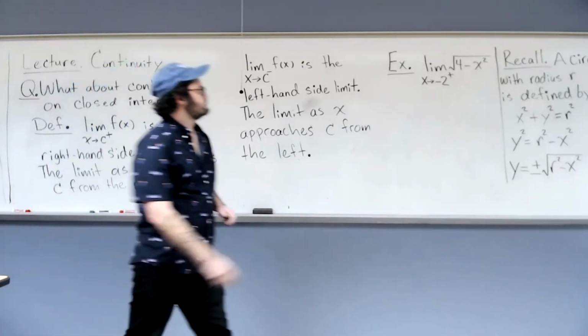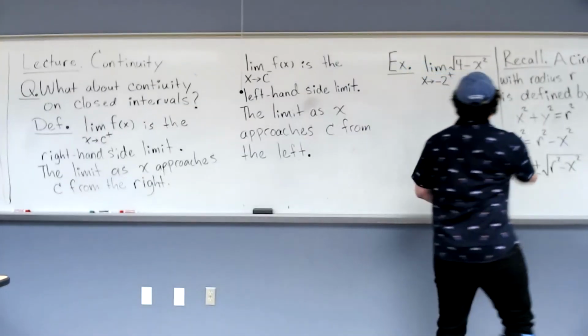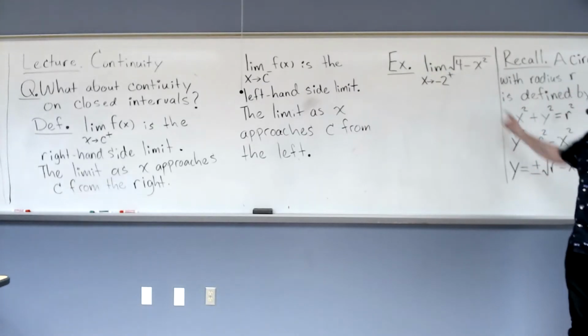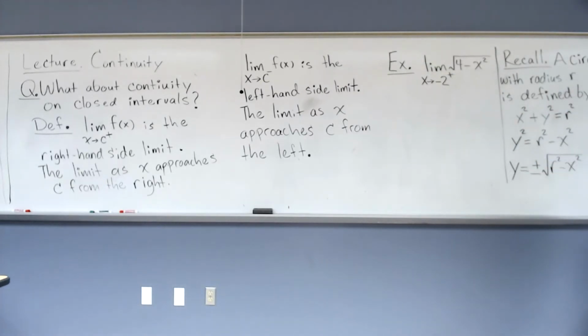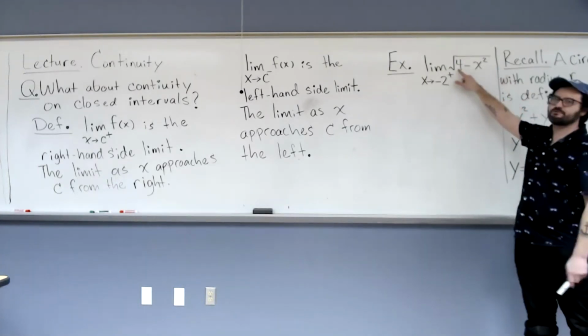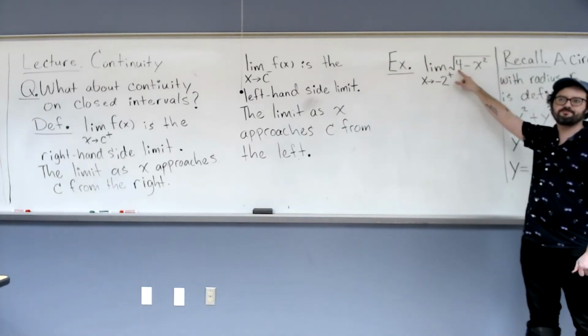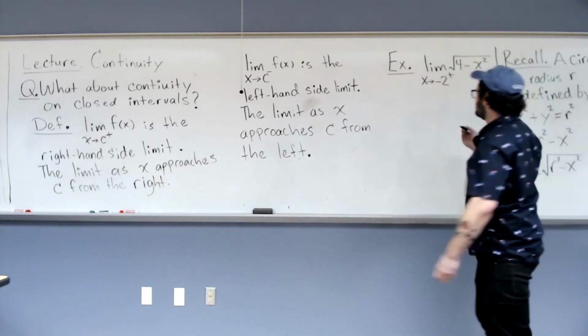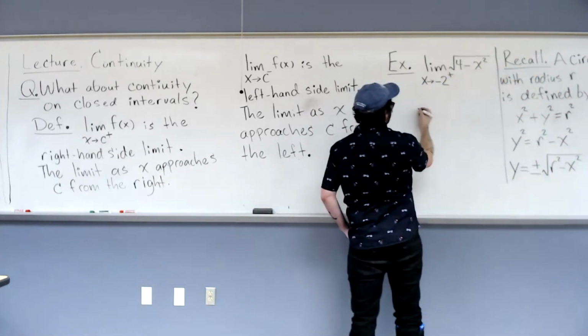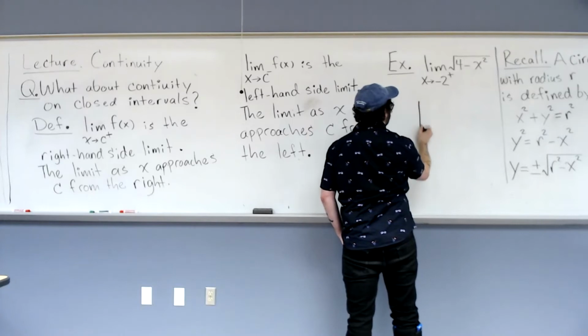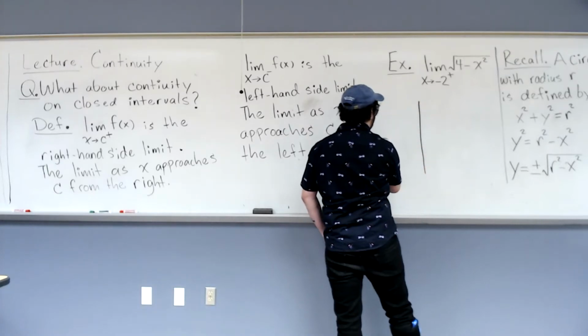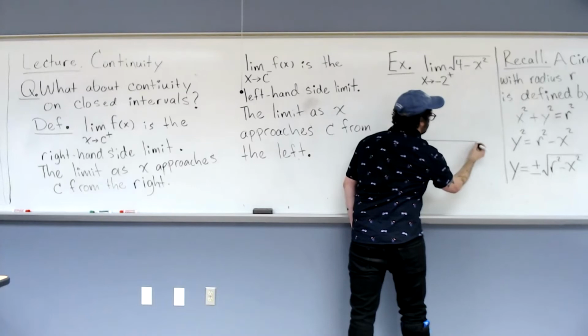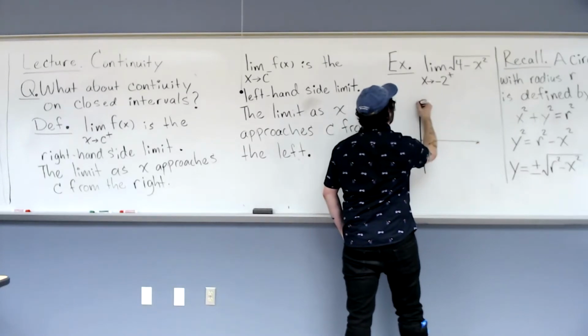Now, these look similar, right? That's what we're looking at. So maybe this is like 2 squared right there. See it? What's happening with the graph of this is that it looks like this. It's always really hard to draw circles.